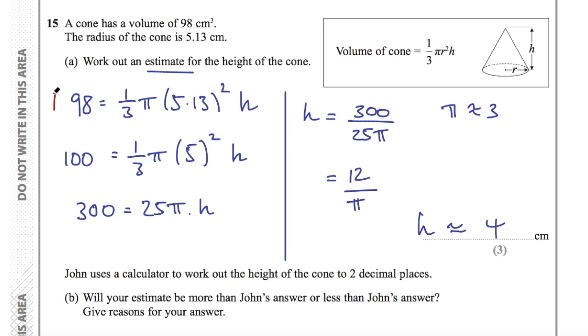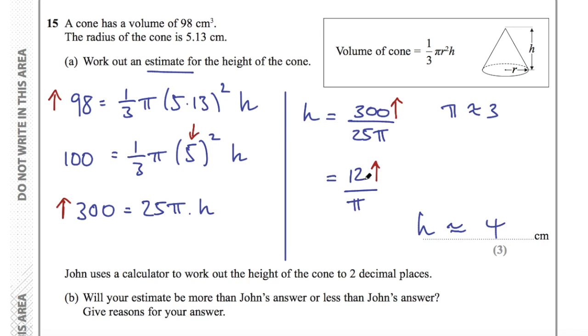We rounded this number up by 2 units, and we rounded this one down by 0.13. So this is definitely rounded up more than we rounded this one down. So therefore, this number is going to be higher than the real value.